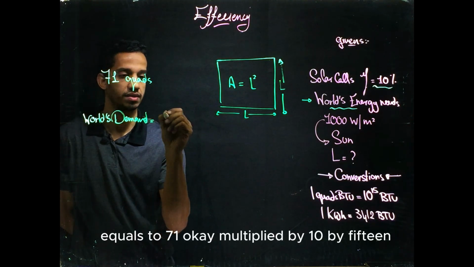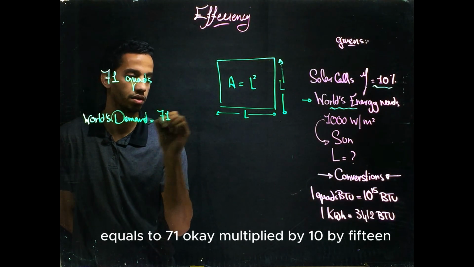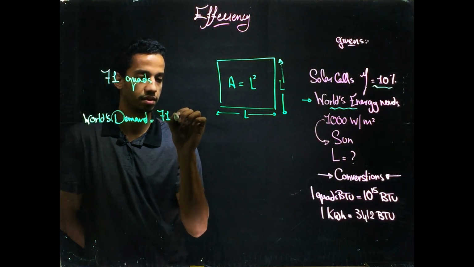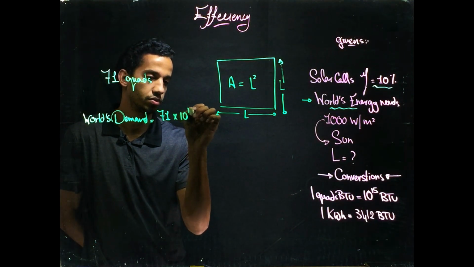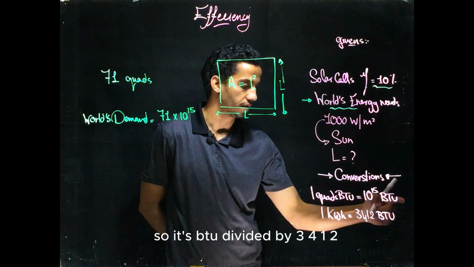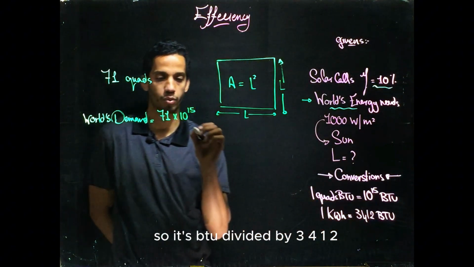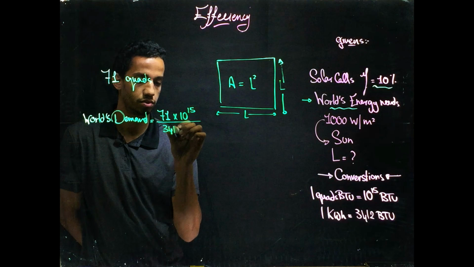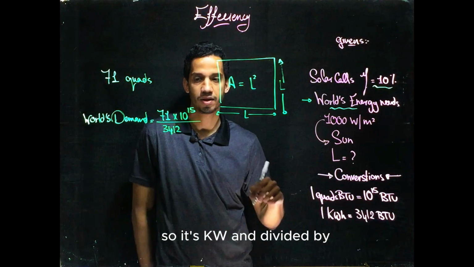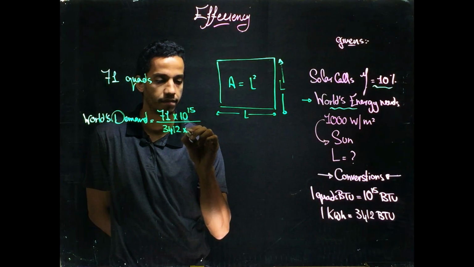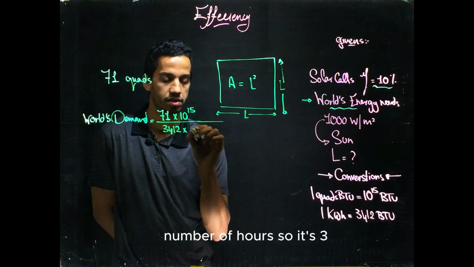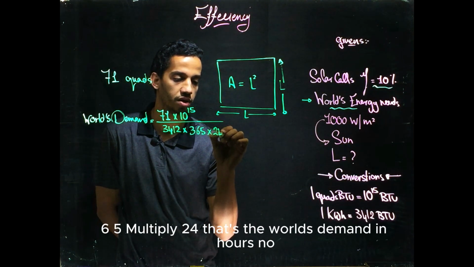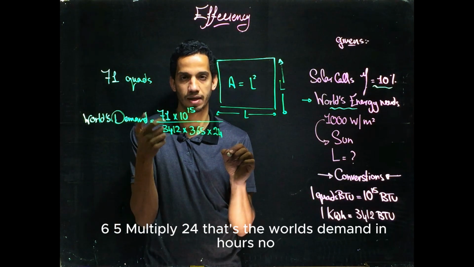So the world's demand equals 71 multiplied by 10 power 15 BTUs, divided by 3412 to get kilowatt hours, and divided by the number of hours, 365 multiplied by 24. That's the world's demand in hours.